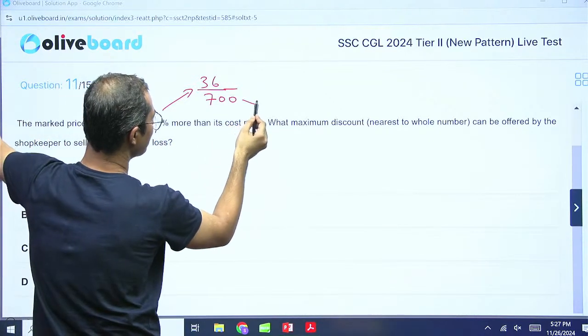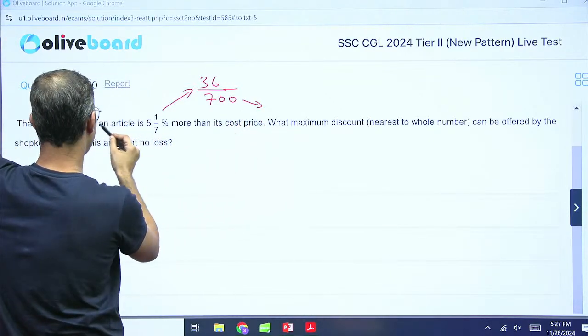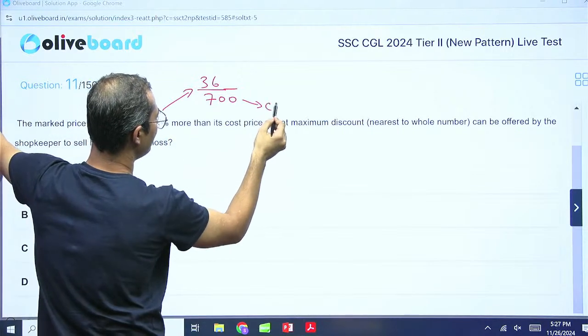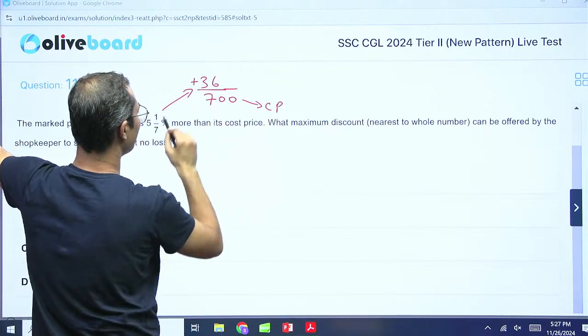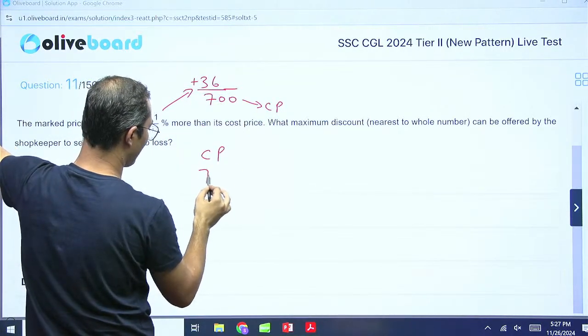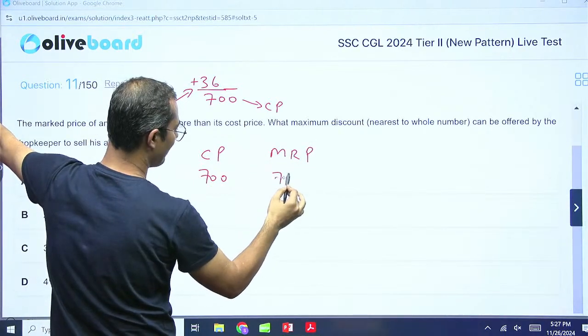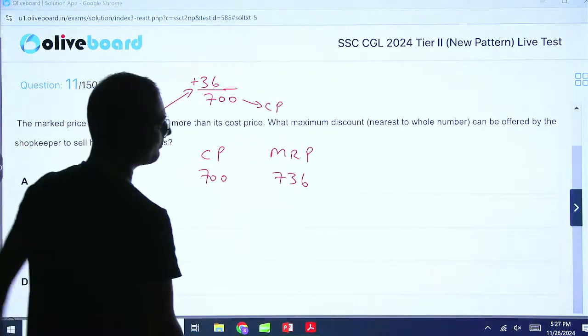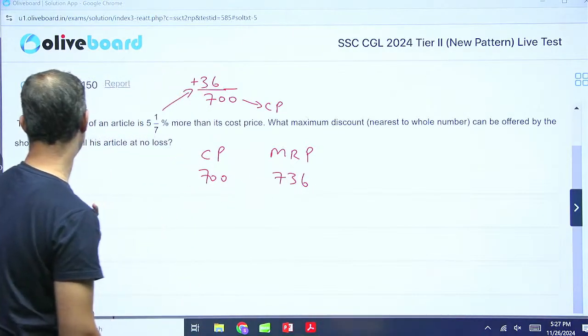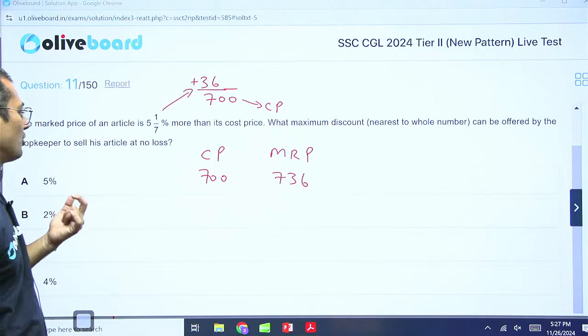If this is CP, this is the increase. So we can say that CP is 700 and MRP is 736, right? What maximum discount can be offered by the shopkeeper to sell it at no profit, no loss?